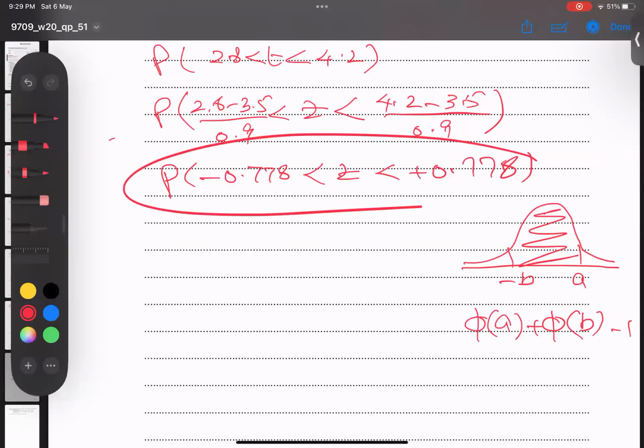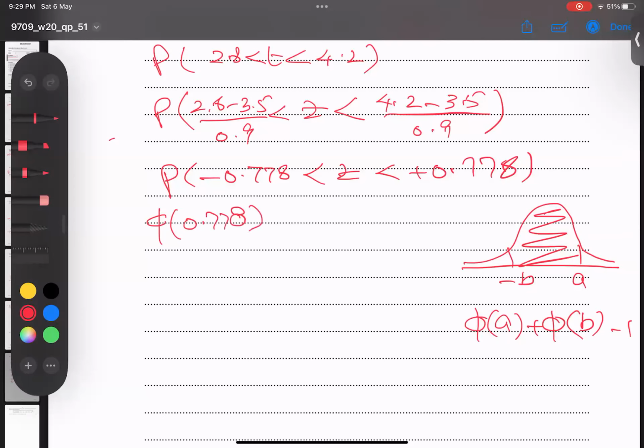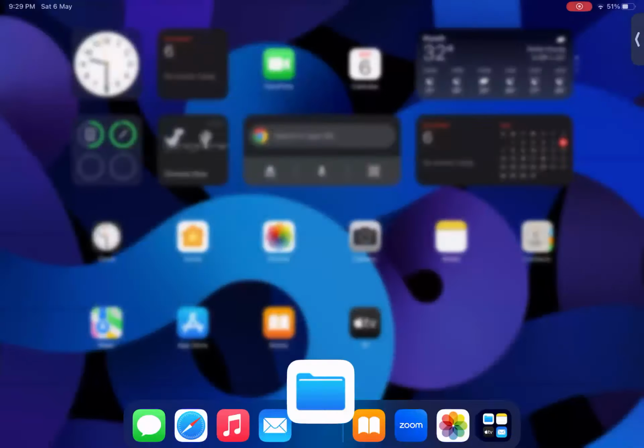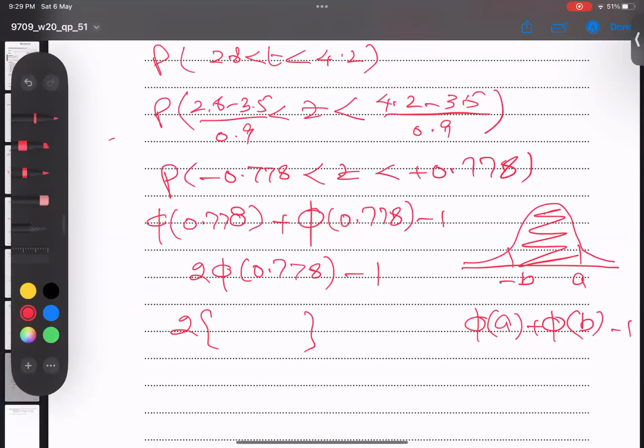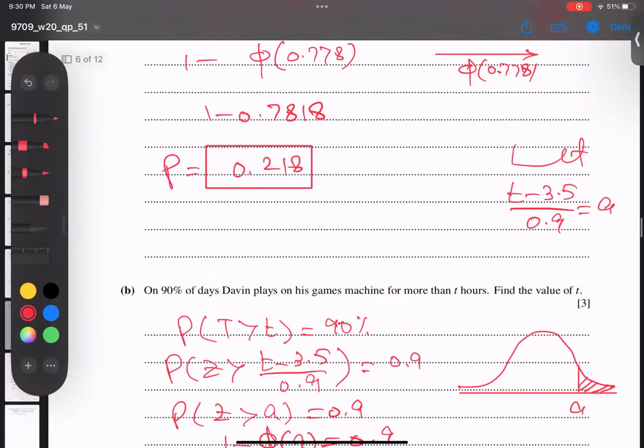Same story here: phi of 0.778 plus phi of this number without the minus sign, minus 1. In short, I get 2 times phi of 0.778 minus 1. So let's find it. 0.778, I think we have it before.